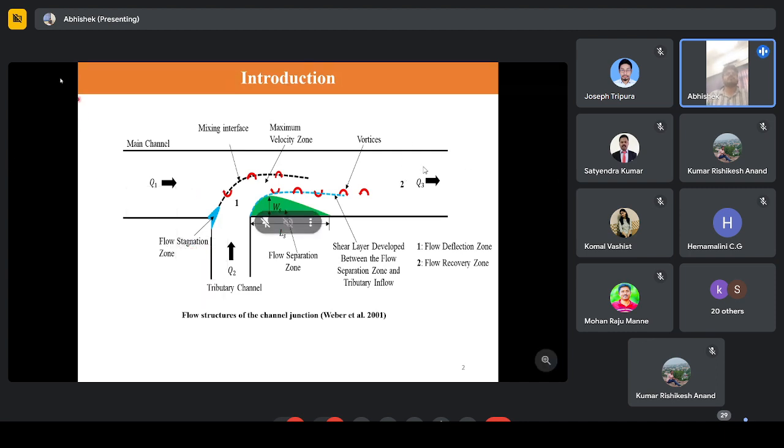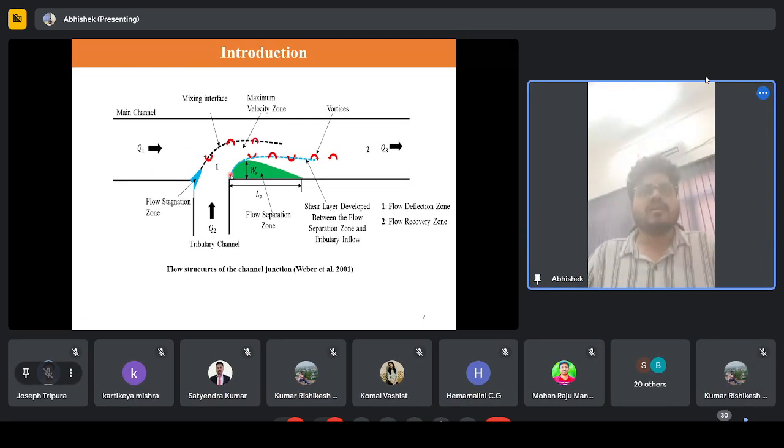In yesterday's class, I demonstrated the different flow features at the junction. This is a very simplified definition sketch of the junction flow, where you can see that when two flows meet, there is a formation of the stagnation zone where the flow velocity is very low. There is the formation of the flow separation zone, which is primarily because of this sharp corner, which may not be the case in a natural river, or even if it is, the extent of the flow separation will be very limited.